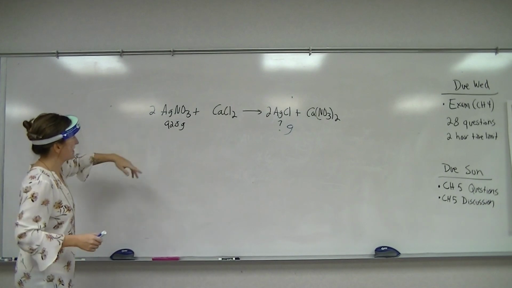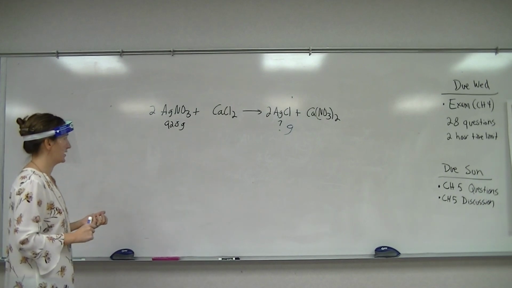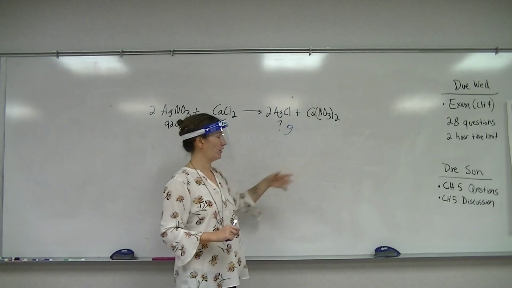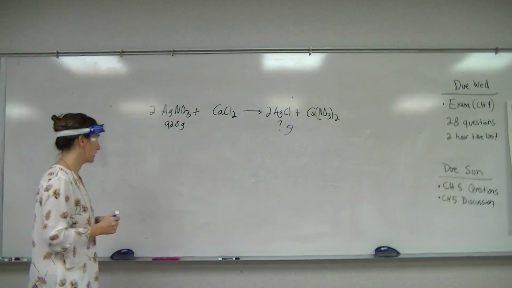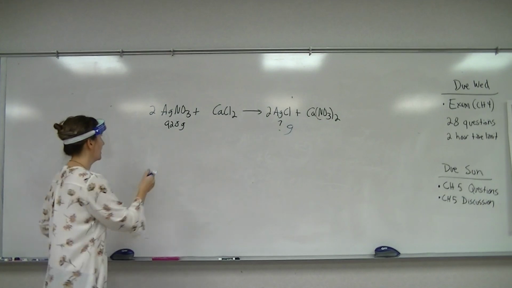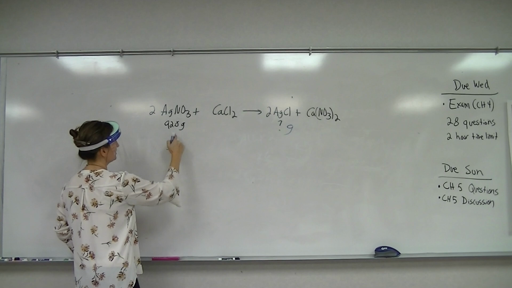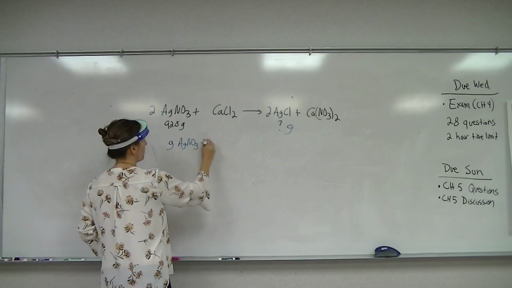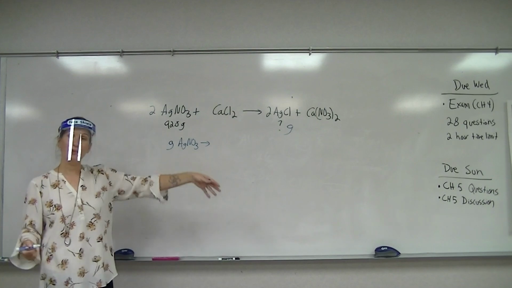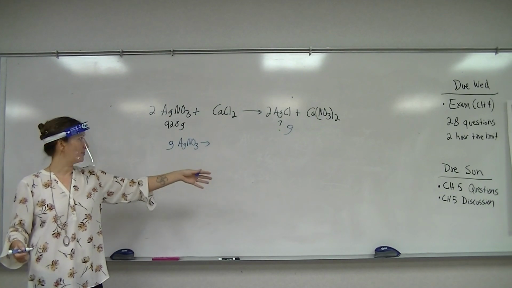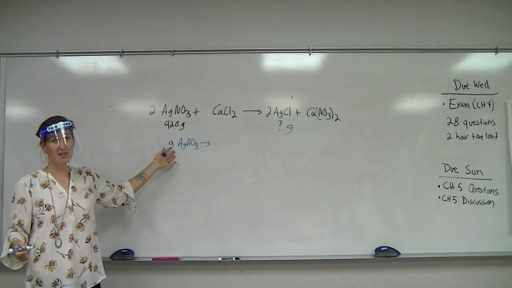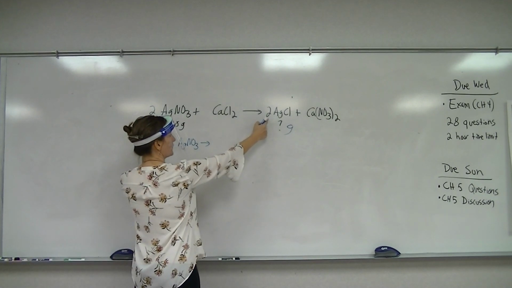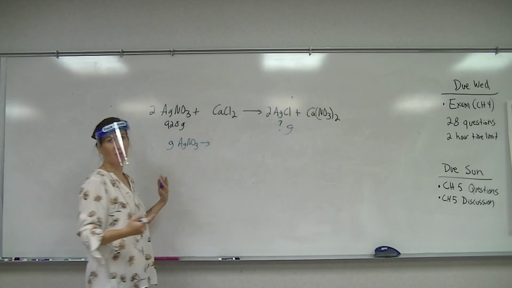So I have a step-by-step going through problems like this, grams of one reactant or product to grams of another. So what you want to start with, of course, is the grams given. In this case, my plan will be to start with the grams of silver nitrate. Now when I'm trying to get to grams of a different element or compound, I can't compare grams and grams. I have to get it in moles first so that I can use these coefficients, my mole ratios, to compare the two.